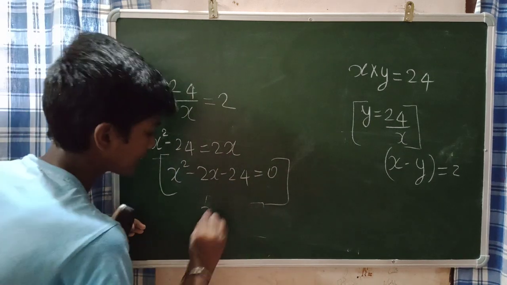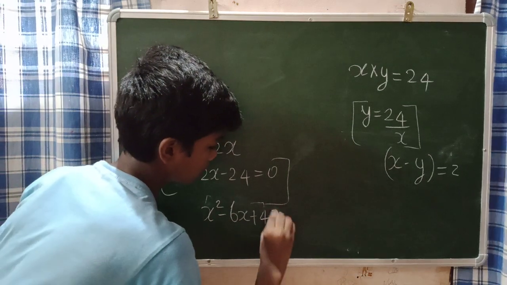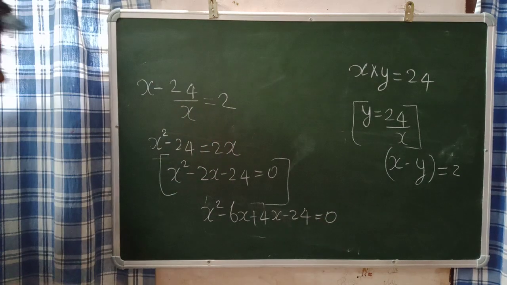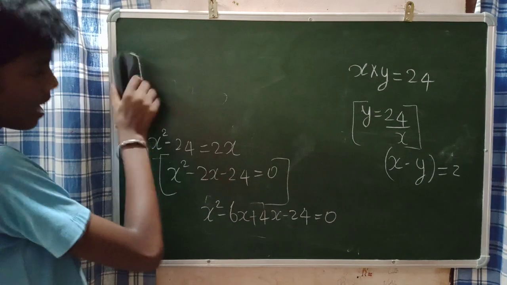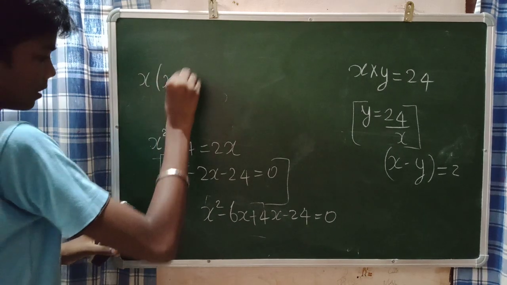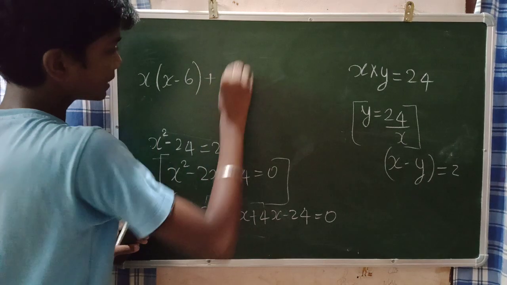You can factorize as x square minus 6x plus 4x minus 24 is equal to 0. This is what you will get when you split the middle term. After this, x into x minus 6 plus 4 into x minus 6.